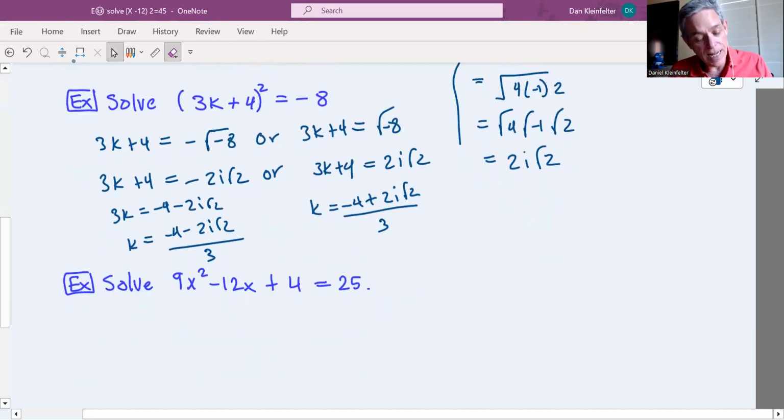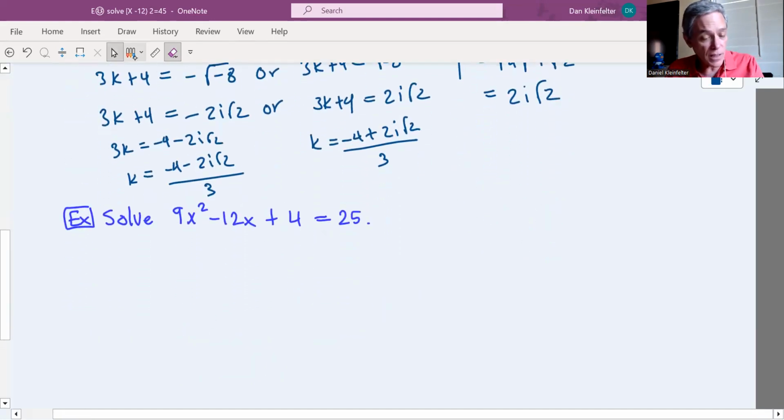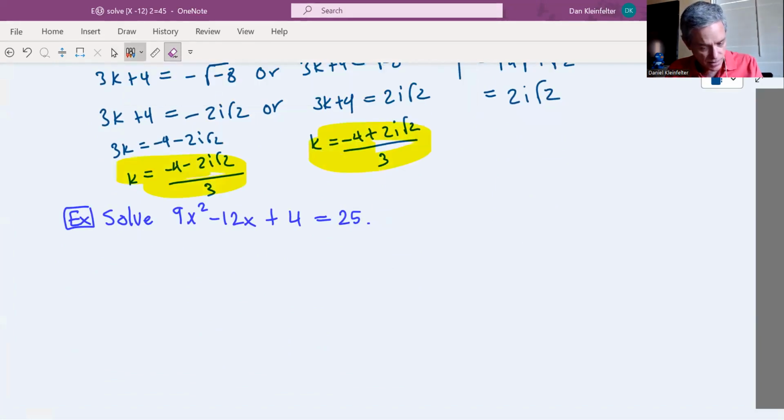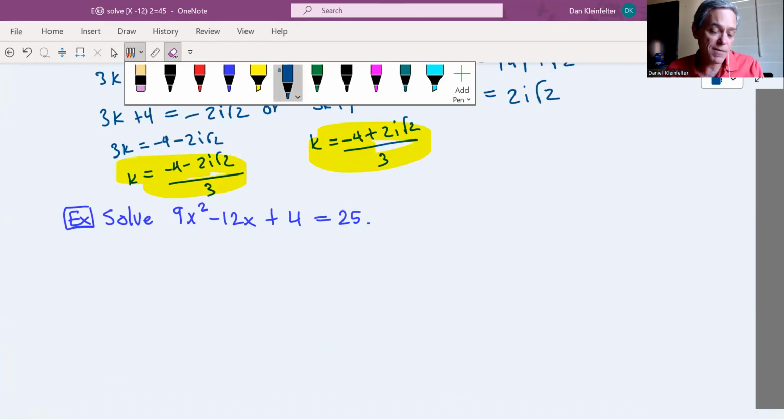All right, last example we'll have is 9x² - 12x + 4 = 25. On this one, what you'll want to do is recognize that the left side is a perfect square and then factor it.